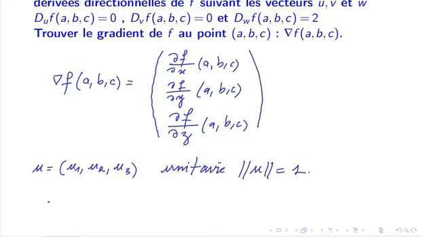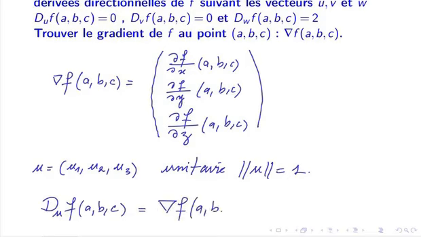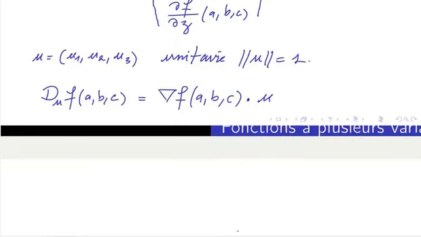In this case, the derivative of f in the direction of the vector u at point (a, b, c) is equal to the gradient of f at the point (a, b, c) dot product with u. To simplify, we denote the gradient of f at (a, b, c), the partial derivatives we are looking for.